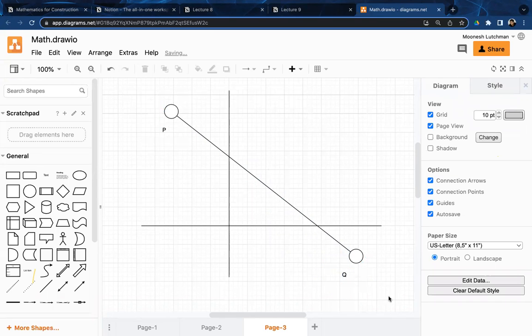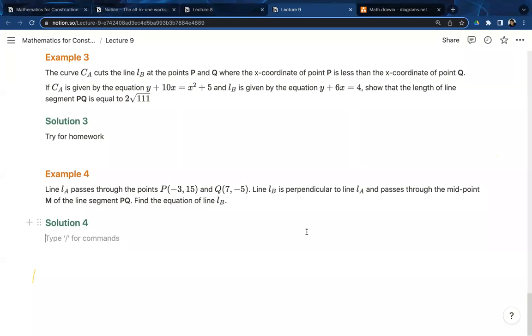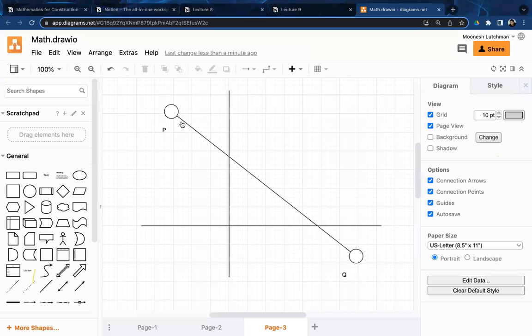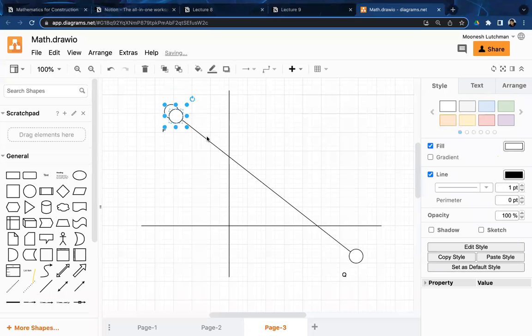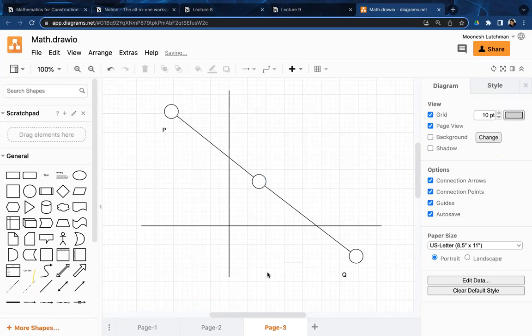It's a negative gradient. LB is perpendicular to LA and passes through M. M is the midpoint of PQ. So roughly where is that? M is probably somewhere in the middle, so we could think of it as there.